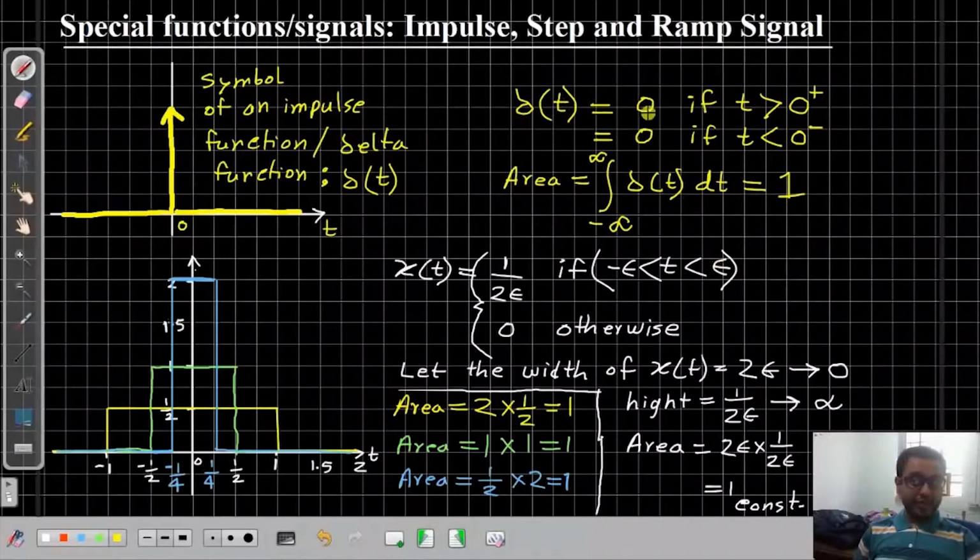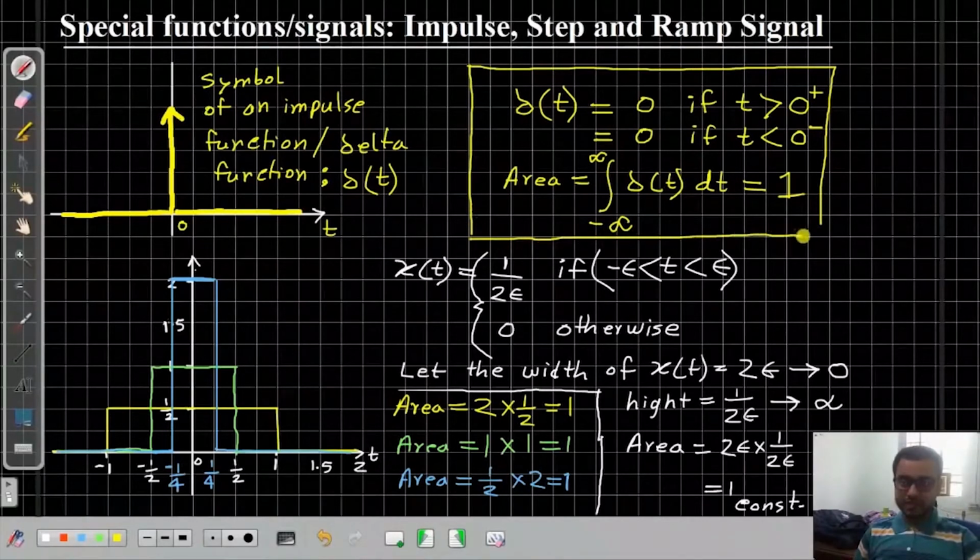The signal is very narrow but very tall, so the area is neither 0 nor very large, but a finite number. This is the mathematical definition of an impulse function or unit impulse function. So this is called a unit impulse signal.